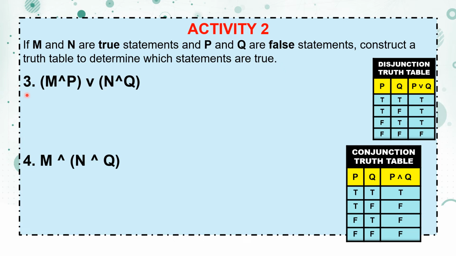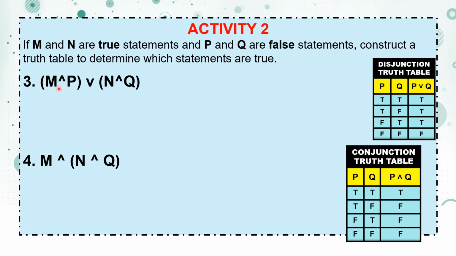Now, let's have number 3. M and P or N and Q. So, this symbol is the symbol for conjunction. It can be read as and.